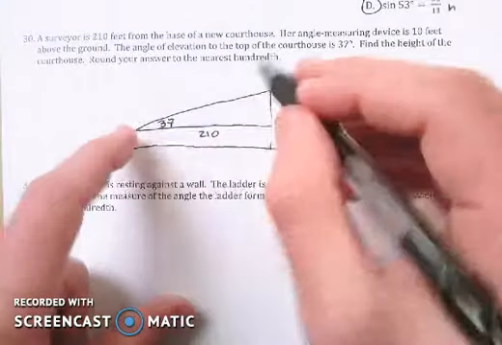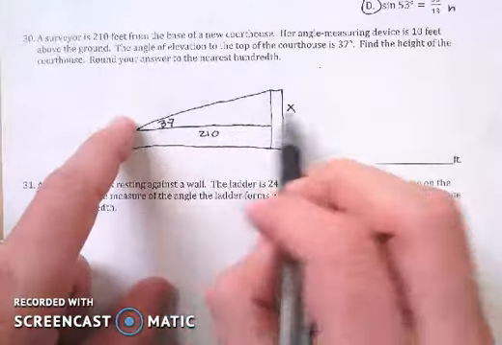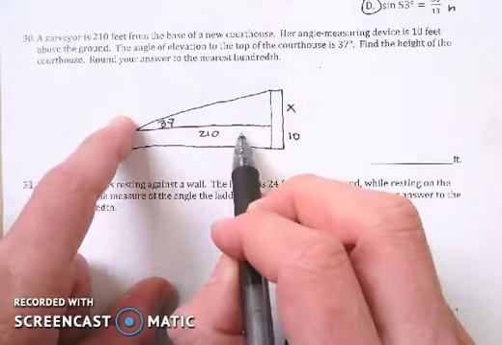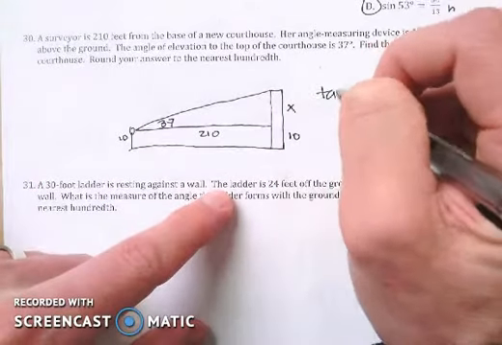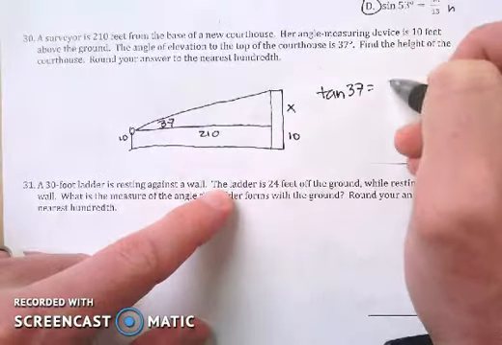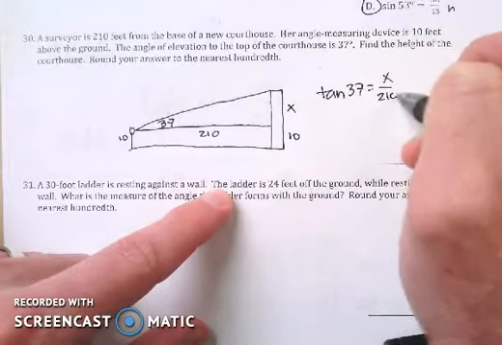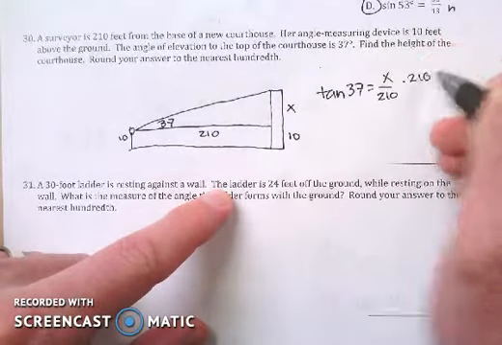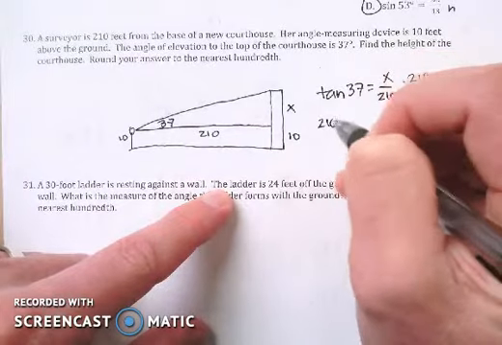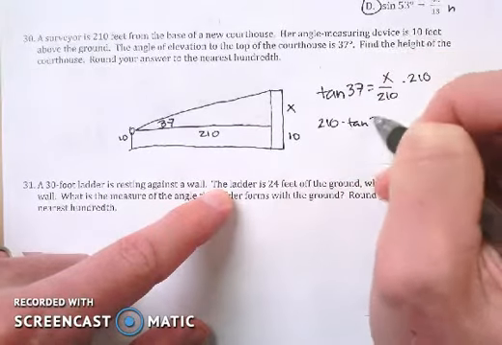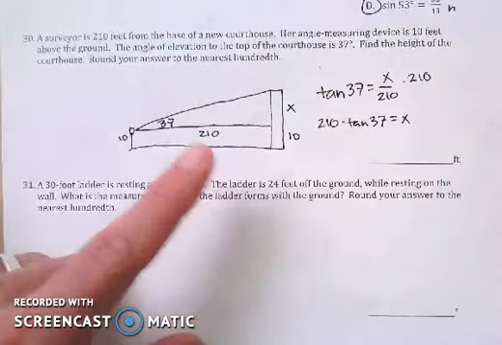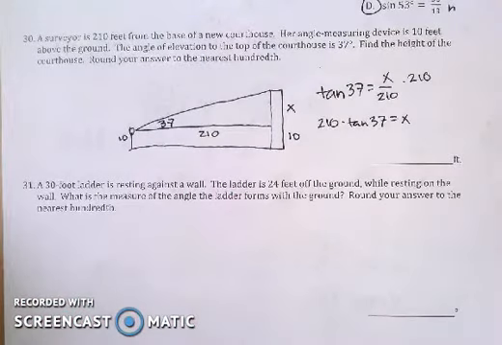So from the position of the angle, I have opposite and I have adjacent. So I'm going to use tan of 37 equals opposite over adjacent. Multiply that 210 out, so I get 210 times tangent of 37 equals x. Throw that in our calculator.